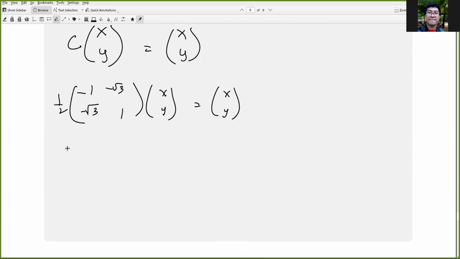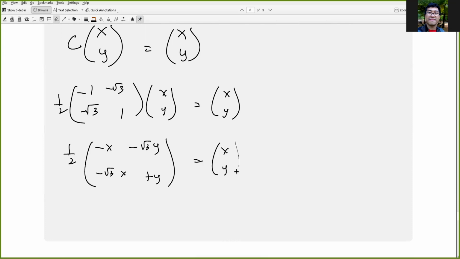So here you have 1/2 xy multiplied here, that's negative x minus square root of 3y, and negative square root of 3x plus y, that's xy here. Or you have negative 1/2 x minus square root of 3 over 2 y equals x.